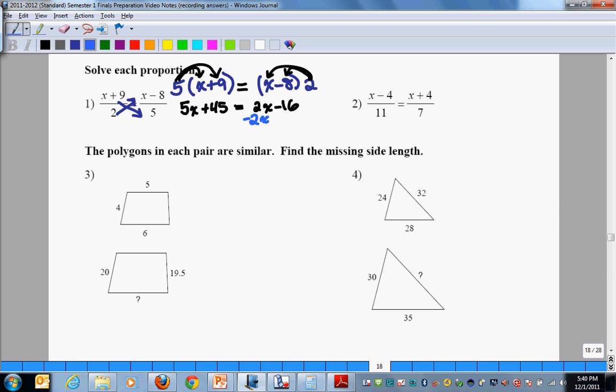We're going to minus 2x. We're going to add 45. So we end up with 3x equals 29.